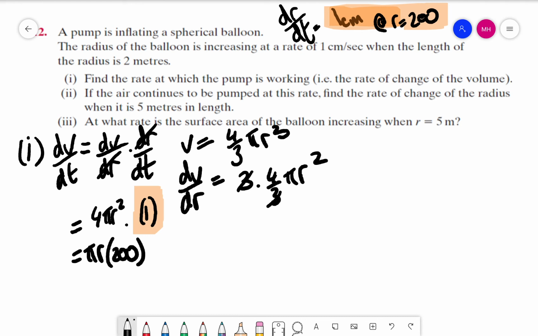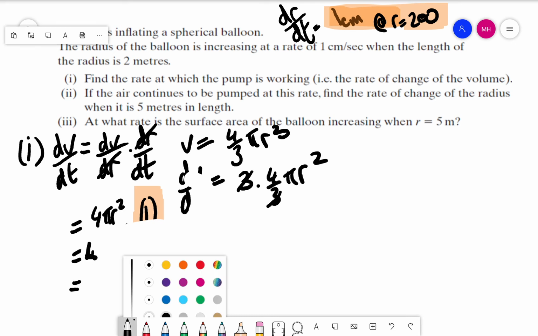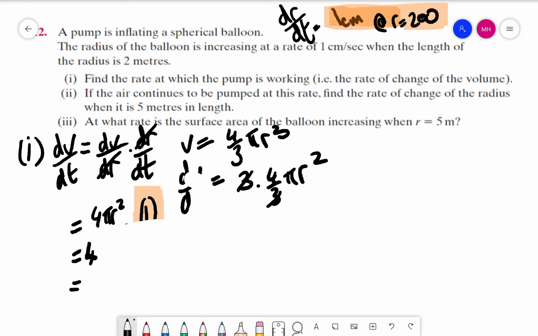So 4 pi 200 squared. 200 squared is 40,000, times 4 is 160,000.